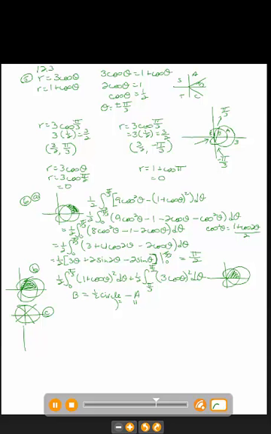Since a half a circle, this particular circle is a circle with a radius. Its diameter is 3, so its radius is 3/2.